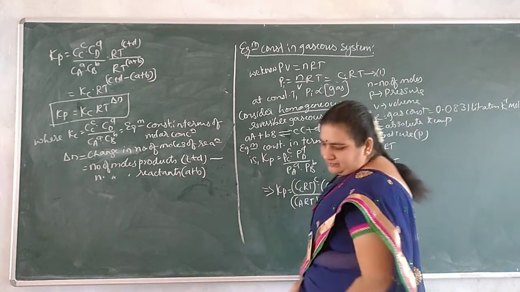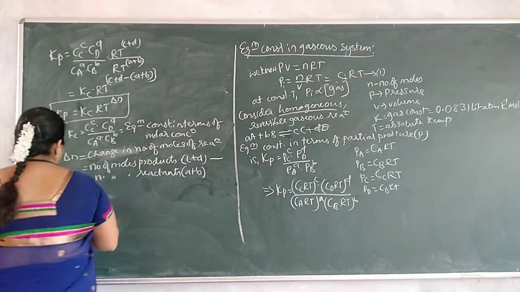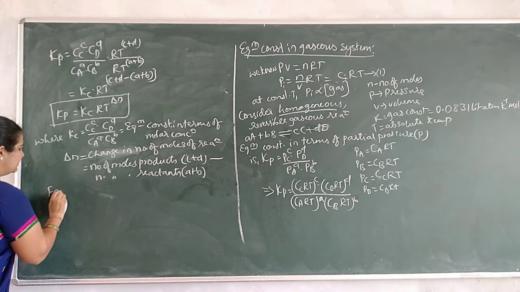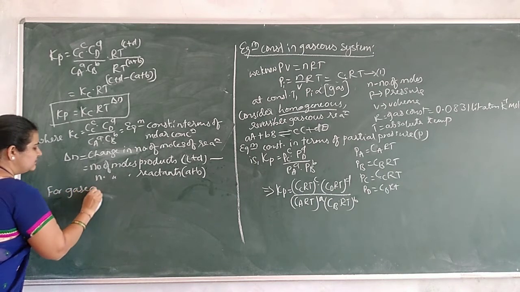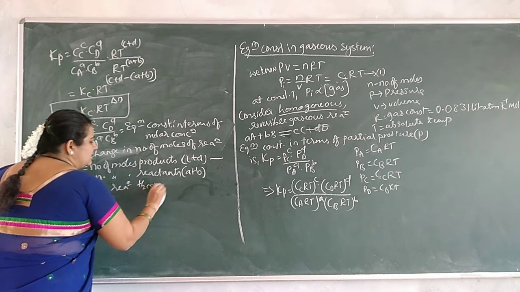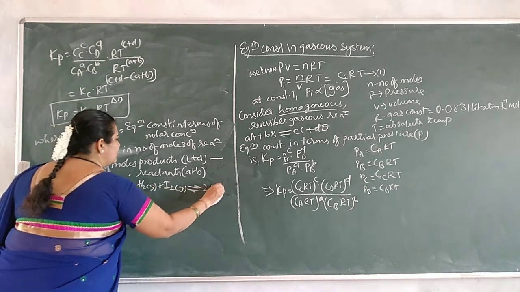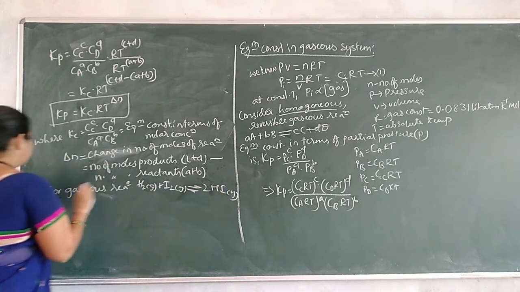Now I will give some examples for a gaseous reaction: H2 gaseous plus I2 gaseous reversibly giving 2HI gaseous.